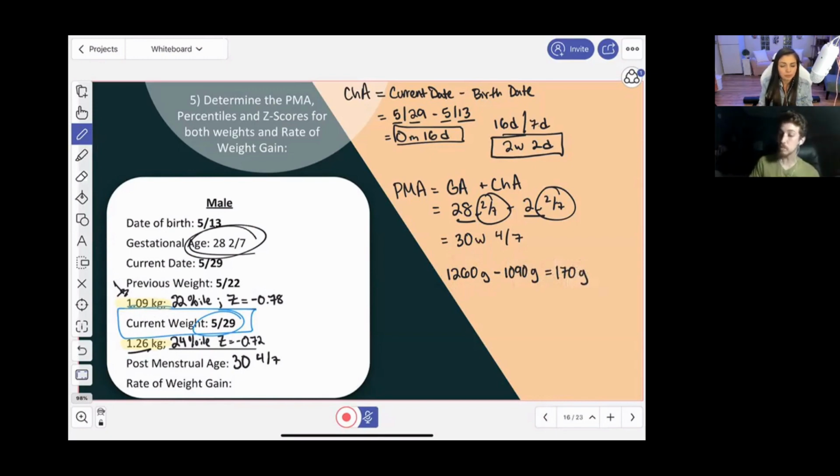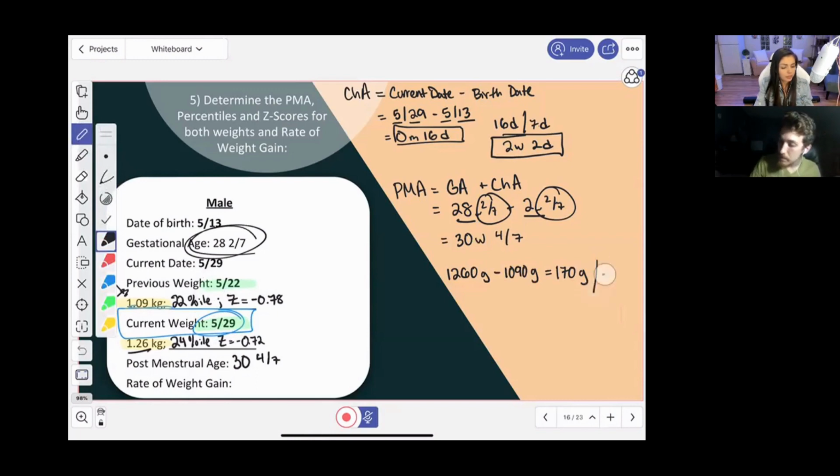So this was the change in weight between the current date and the previous date. Let's look at what those dates are. The current date is 5/19, the previous date is 5/12, and that is a span of 7 days. So we know that this infant gained 170 grams.